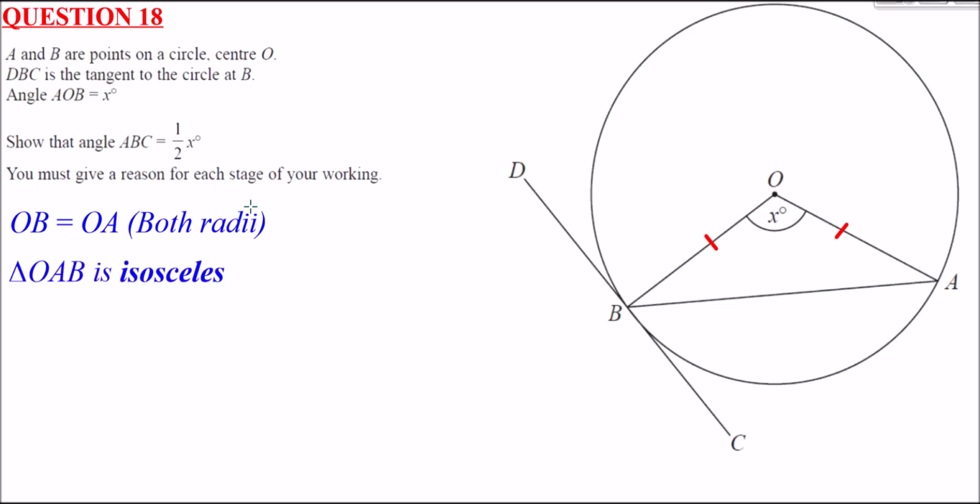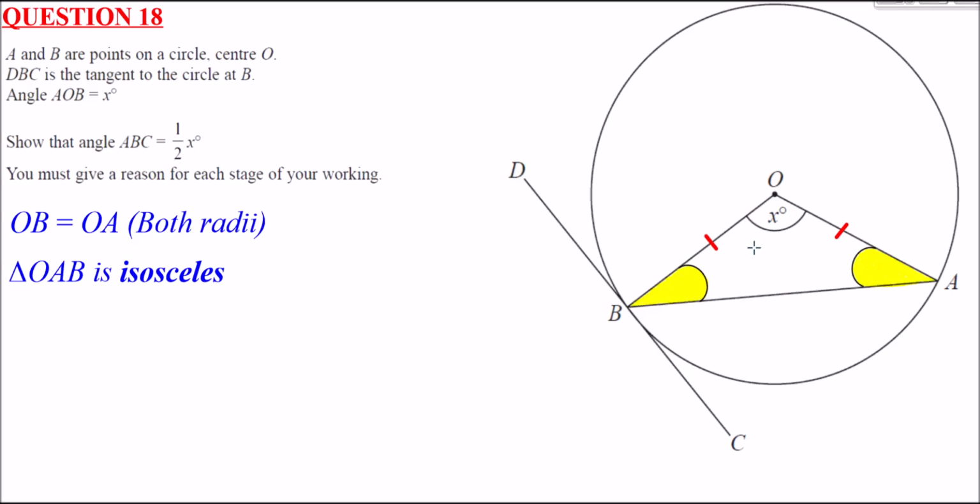So therefore, triangle OAB is isosceles. We're just giving reasons as soon as we can from minute 1 to back up what we're saying to the examiner to make sure we've got the best chance of getting full marks. So this is isosceles. So what this means now, we can work out this angle OBA and angle OAB in terms of this angle x.